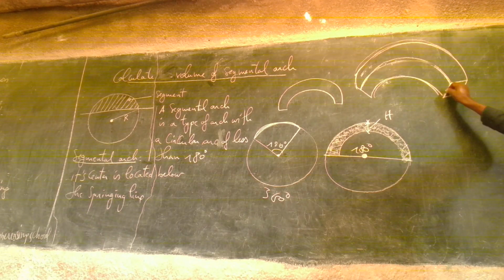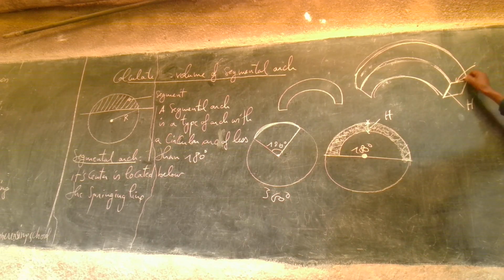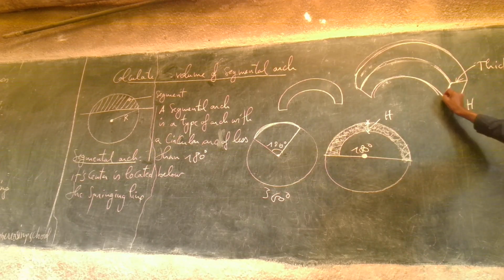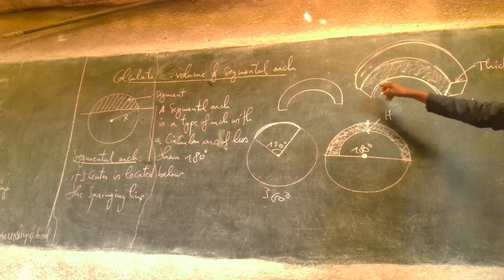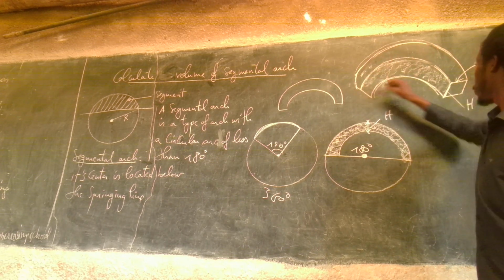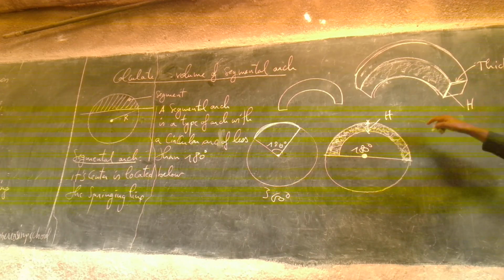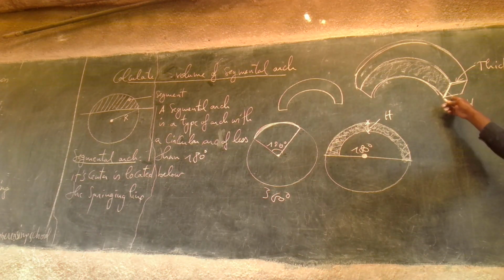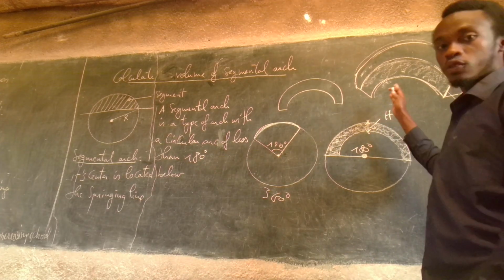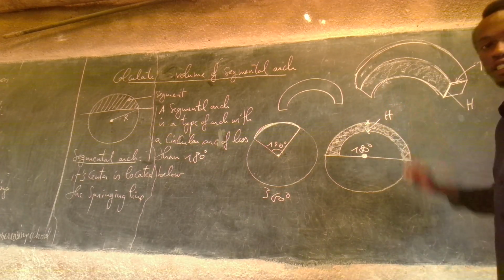So here's the height, here's the thickness. If we take the surface area of this front part and multiply it with the thickness, we get the total volume of this arch.